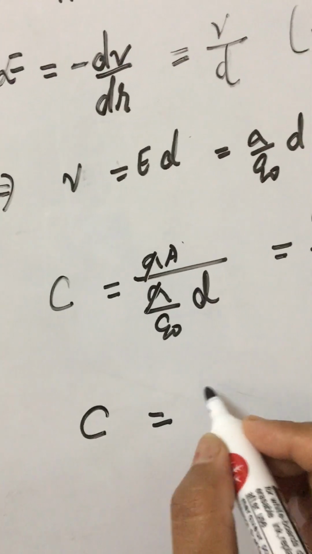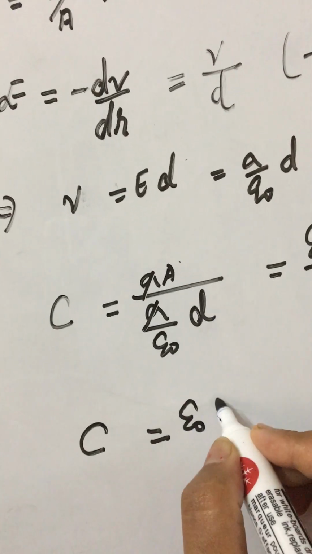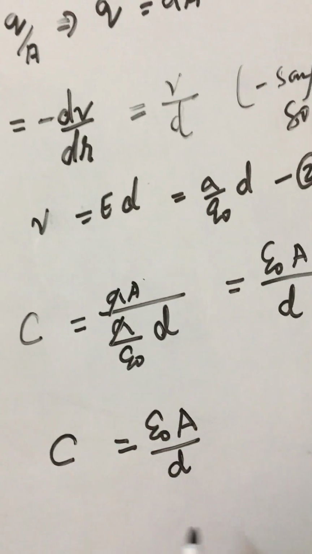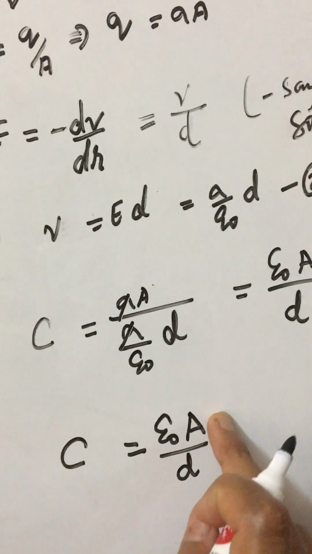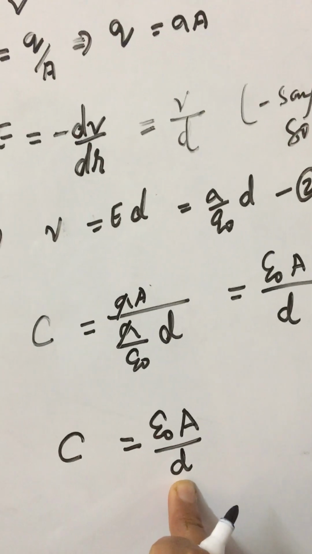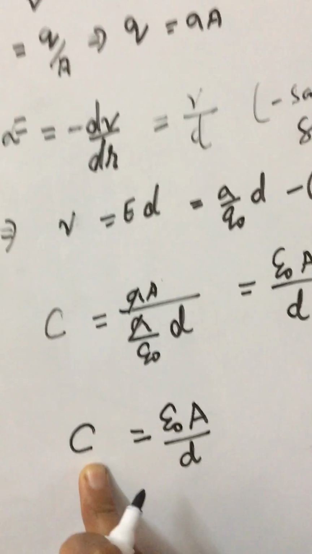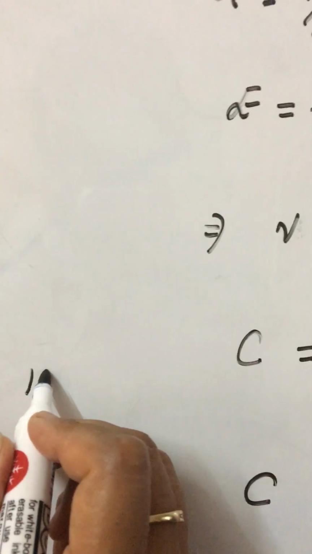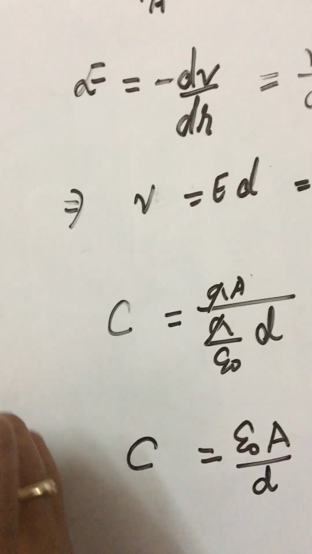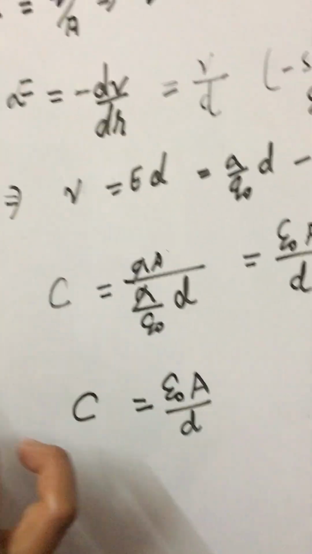So the capacitance of the parallel plate capacitor depends upon the area and upon the separation between the plates. The bigger the area, the higher the capacitance. The smaller the distance, the higher the capacitance. So normally we keep the separation between the two plates very small in order to have large capacitance, because we can't afford to make a big area.